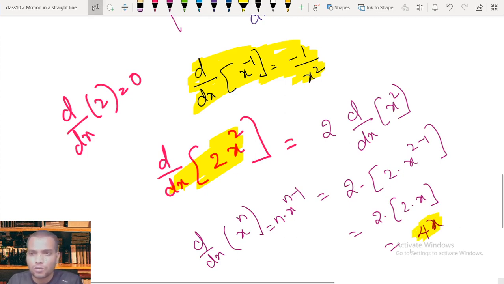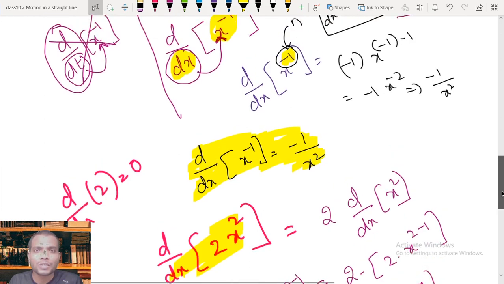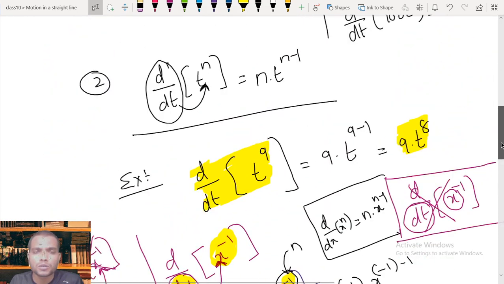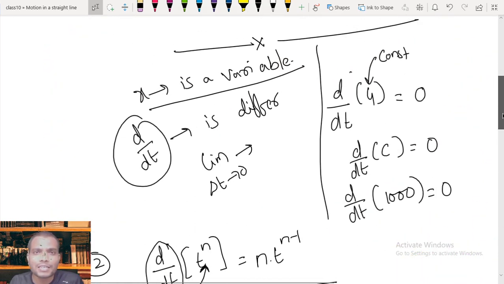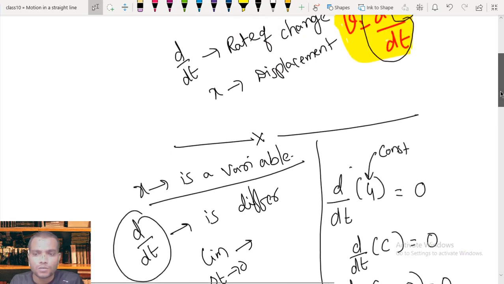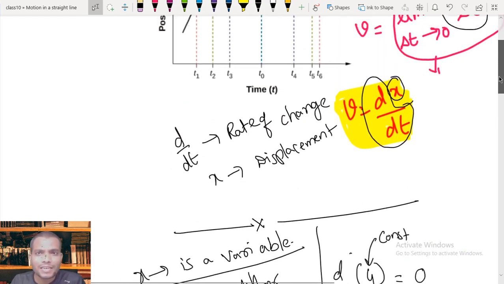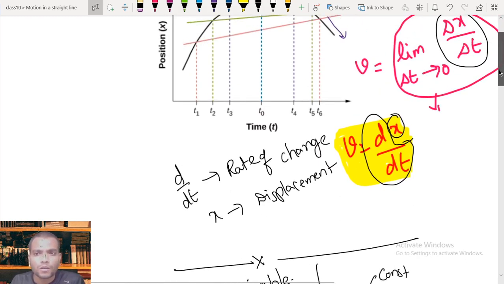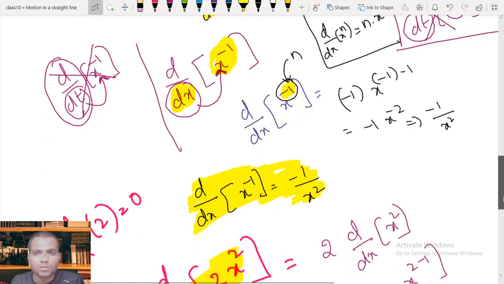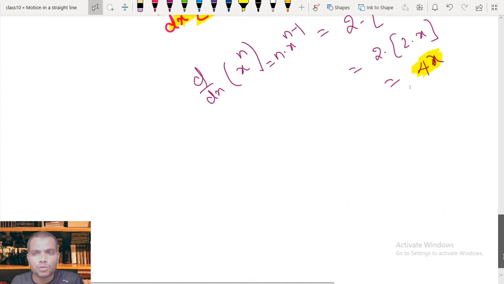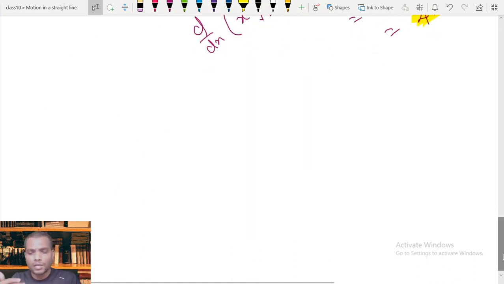So this is something new, a mathematical technique we need to use to find instantaneous velocities. This is nothing but differentiation. We have certain rules, and we can use those rules to do much more differentiation.